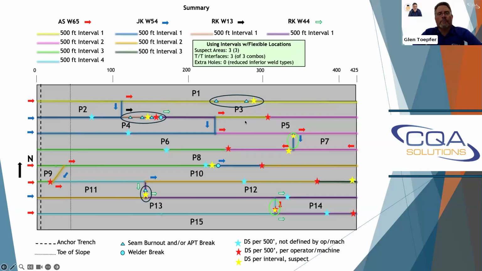Now, in the old days, we'd have these destructs marked per the blue stars, and you just wheel off 500 feet, and wherever it fell, that's where you marked a destruct. And you'd miss the interfaces that way. You'd miss operators sometimes, machines. It wasn't a very good way of doing it.